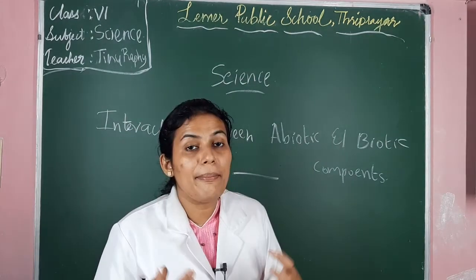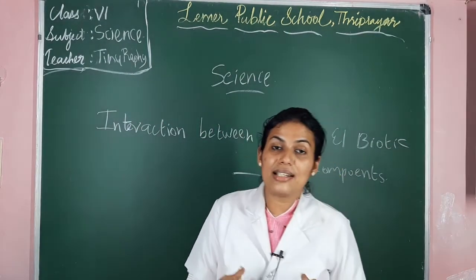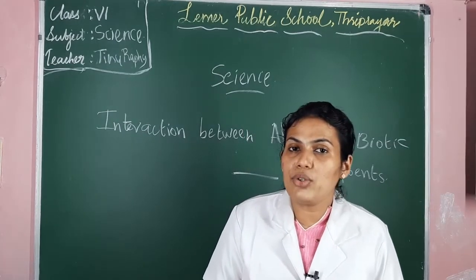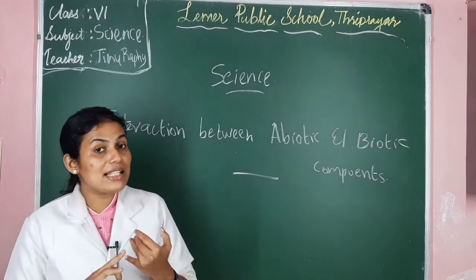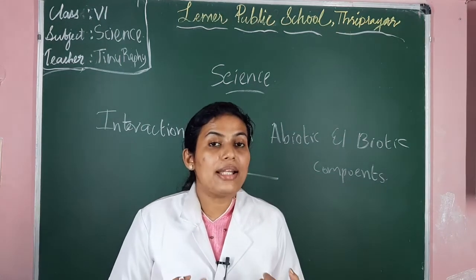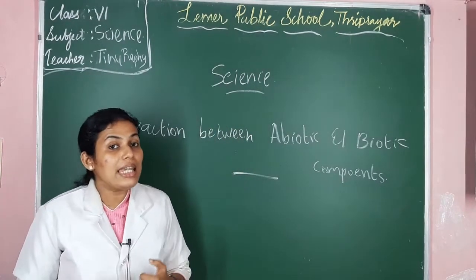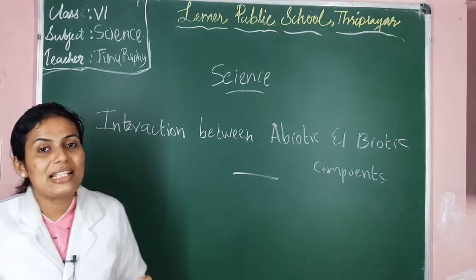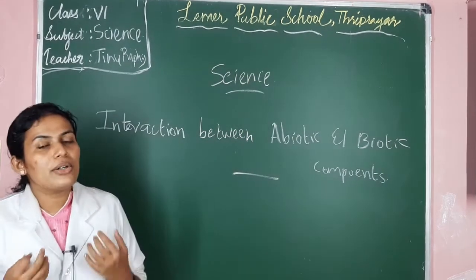Likewise, the biotic and abiotic components are needed for an organism to develop. The animals and plants, that is the biotic components, are interacting with the abiotic components like water, air, heat, temperature, moisture, etc. in order for their growth and development.